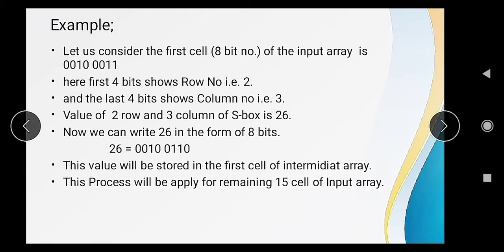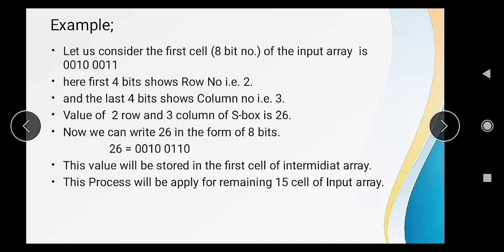As we know, we are going to use the first 4 bits to generate the row number. So the row number will be 2, and the last 4 bits will be used to generate the column number. So the column number will be 3.